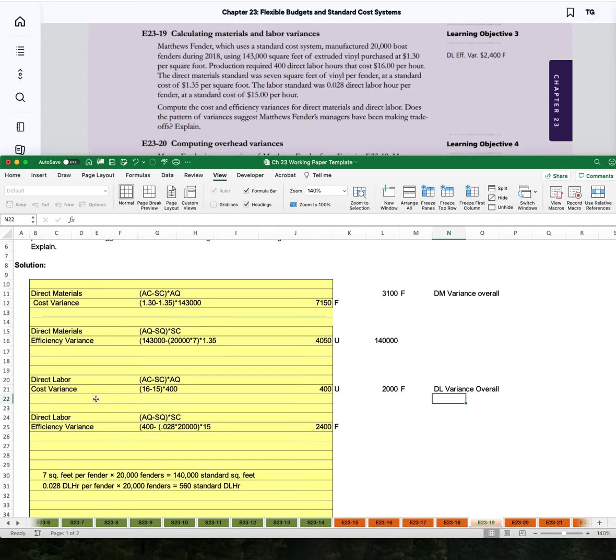So then, same thing when it comes to labor. We see that we paid $1 more than we expected, which gave us an unfavorable cost variance. However, in terms of efficiency, we were far more favorable than we were unfavorable. And so what happened?